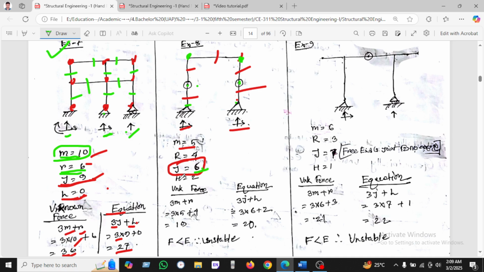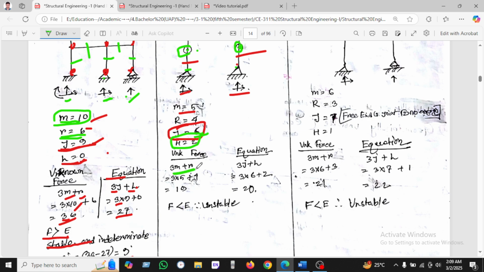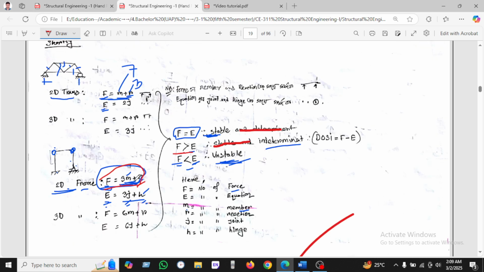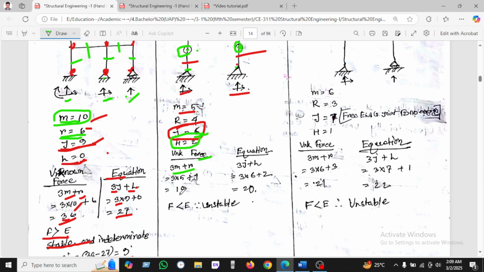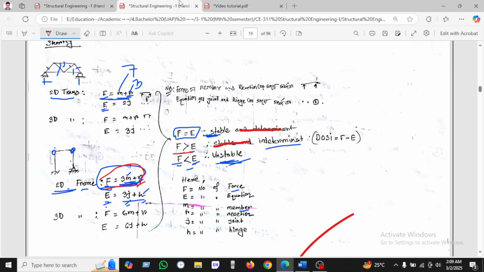This is the 6th joint. And hinges: how many hinges? This is the internal hinge, 2 internal hinges are given. As usual, we can use the force equation as we have seen, putting in these values. And for equations we can see 20. So force is less than 20, so it will be unstable, as we have seen with the formula.